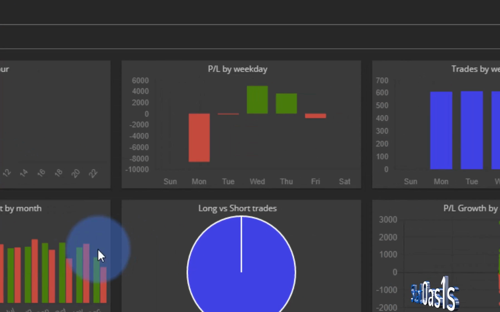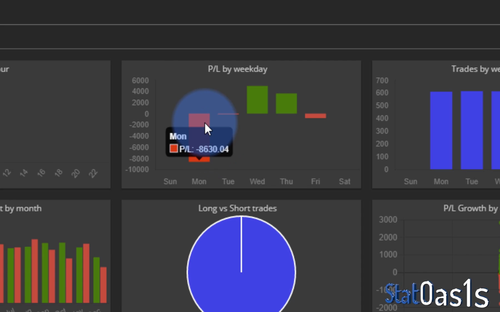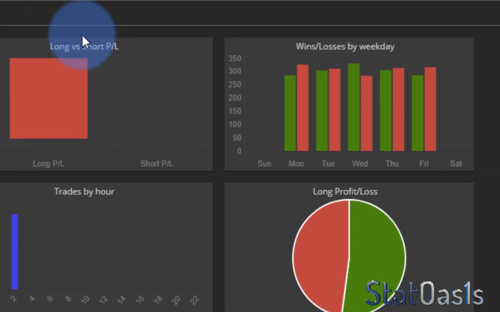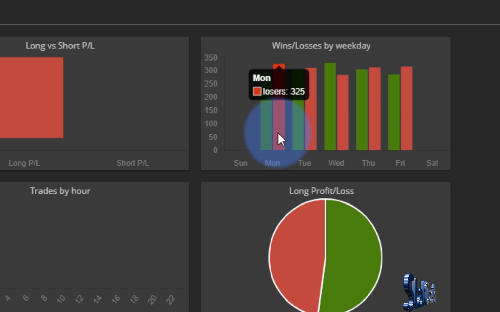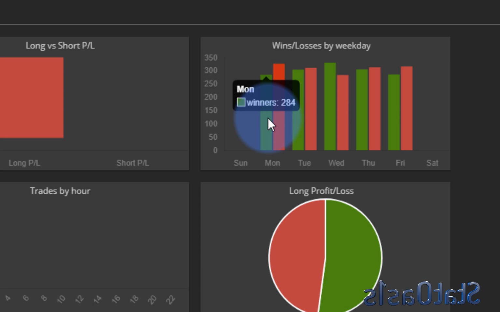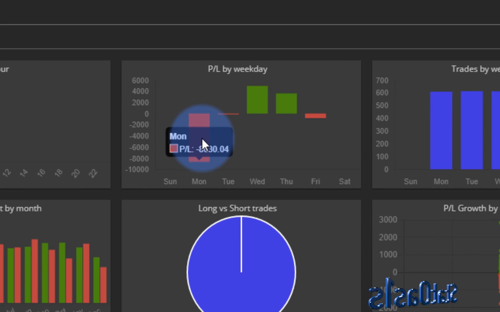Then I go to trade analysis. Monday is more than $4,000, so it counts. I check the winning percentage, 284 winners and 325 losers, so it counts. The short has 4% more edge than the long, and it makes money. So for 2 to 3, that's a short edge, short bias.